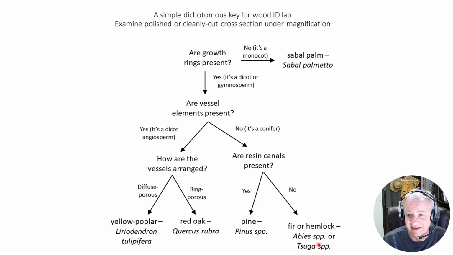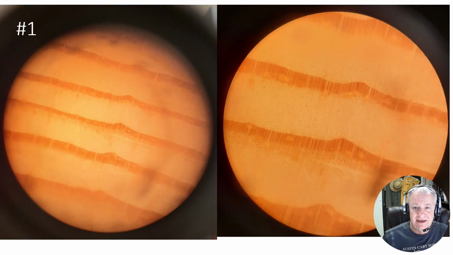Often firs and hemlocks are grouped together because they're very difficult to separate based on the macroscopic features that we would see in 10X. We would have to go to the microscopic characters to separate them further. So for the purposes of this lab, this dichotomous key should allow you to key out the 5 unknowns to species. So these are the unknowns.